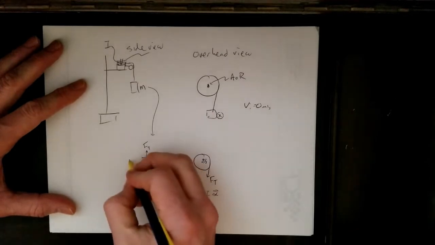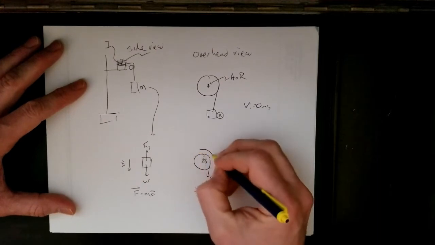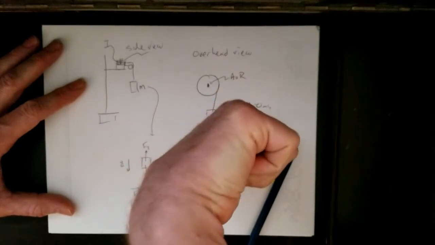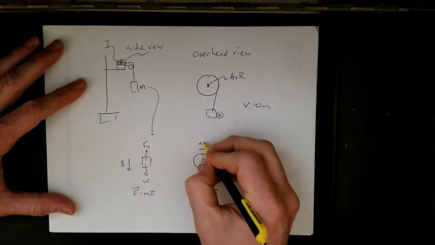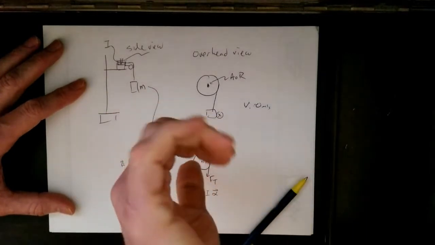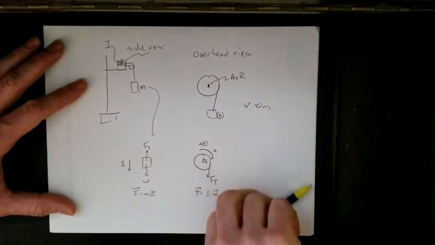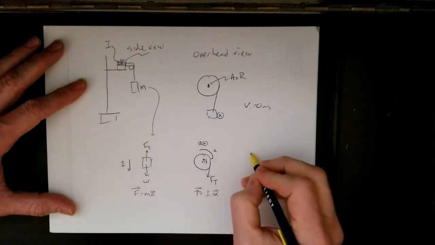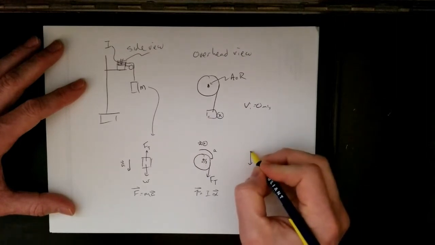So this one is going to accelerate downwards, and this is going to accelerate around like that, which says that the angular acceleration is into the page because it's rotating clockwise. And clockwise, if you recall, your fingers curl around in the clockwise direction, thumb points in the direction of the vector. So I am going to set up a coordinate system so that down is positive, into the paper is positive.